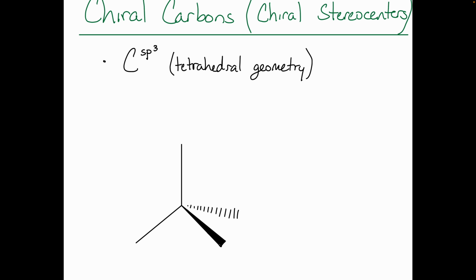All right, but in order to be a chiral carbon, not only do you have to have that tetrahedral geometry, be an sp3 hybridized carbon, but you have to be bonded to 4 distinct groups.